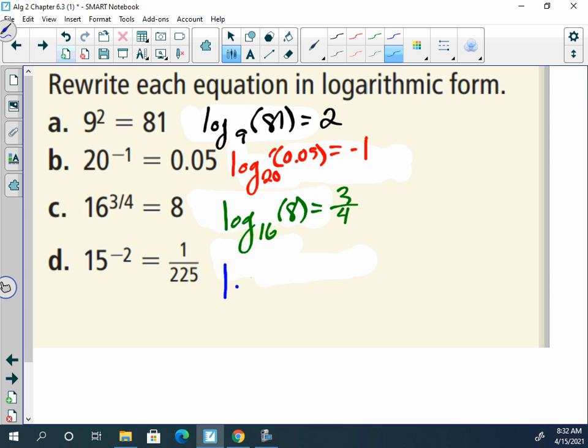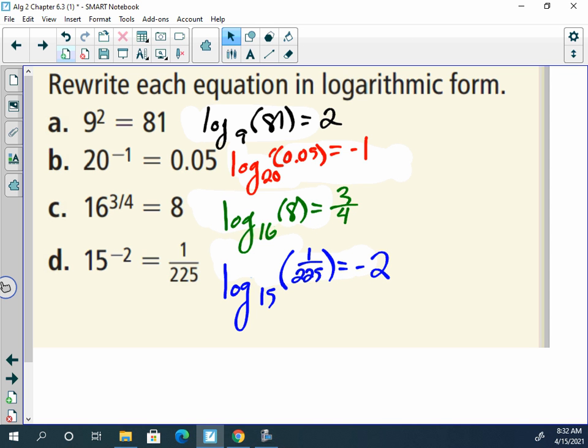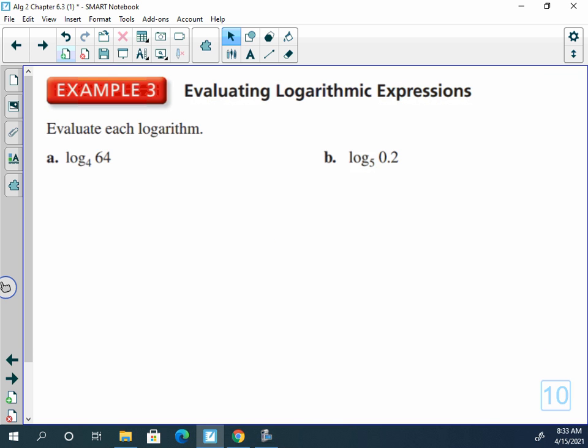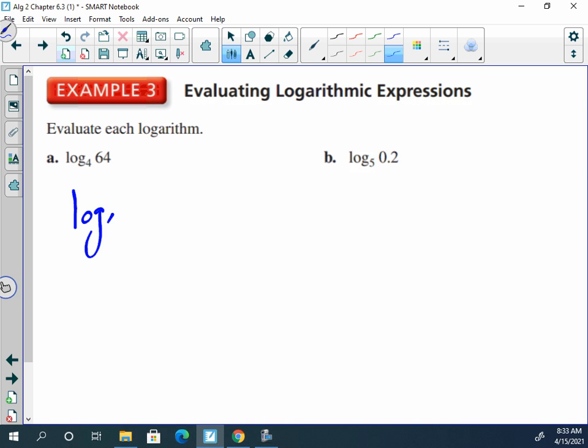And last but not least, any questions on any of these here? Any questions on anything we've done so far before we start evaluating these logs?